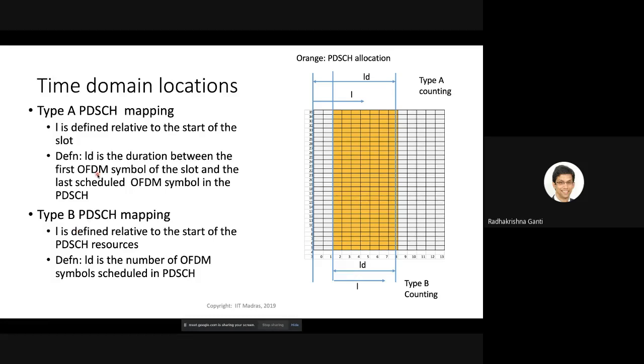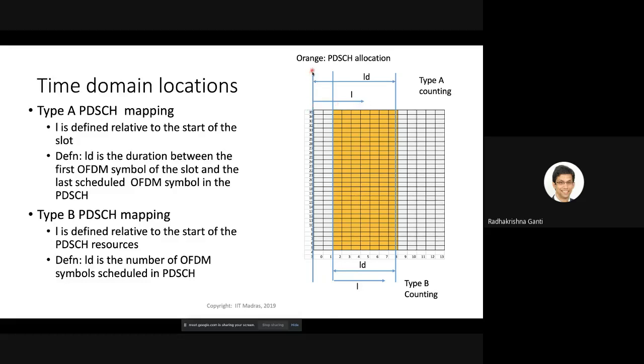So what type A means is this. This is our resource grid, the whole resource grid. You have 14 symbols and there are multiple resource elements. I just drew up to 35, but there are multiple resource elements. Type A means whatever you tell, the allocation for a particular user is always defined with respect to the start of the slot, which is the 0th symbol. Everything is measured with respect to this line.